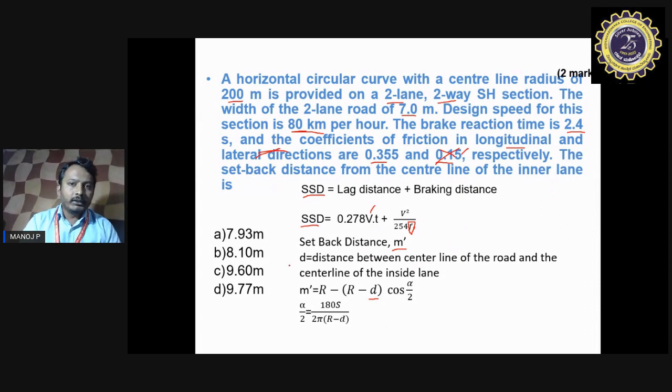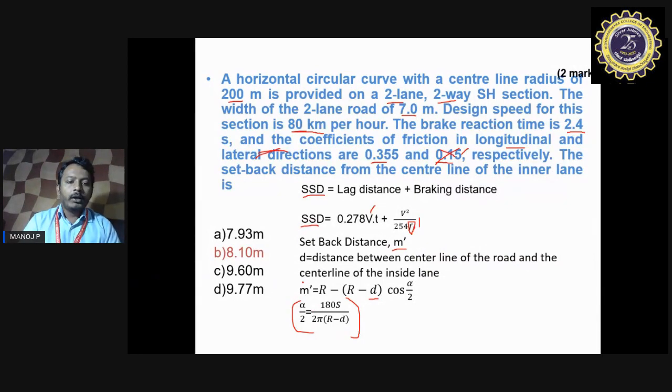Okay, when you know this, substitute the values R as 200 meters and d as 7 meters in cos alpha by 2, calculate alpha by 2, 180 s divided by 2 pi R, minus the s value you would have calculated here. You'll get the answer as 8.10.